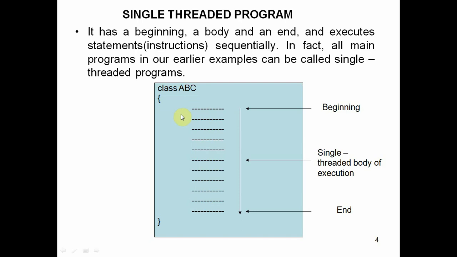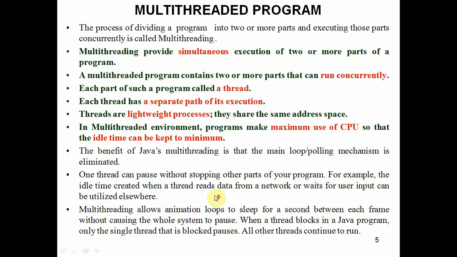So in a single threaded program the statements are executed sequentially one after another. In fact, all programs we wrote earlier are examples of single threaded programs. The structure of a single threaded program looks like this, containing some sequential statements that are executed sequentially one by one.